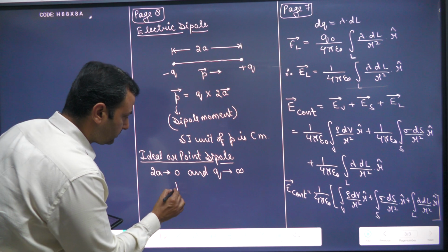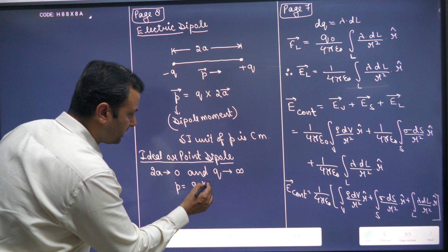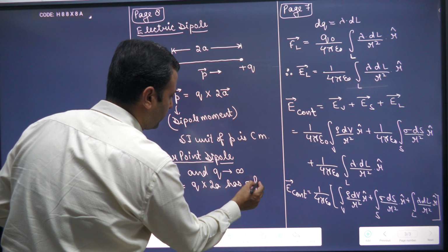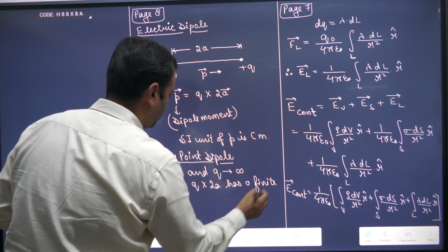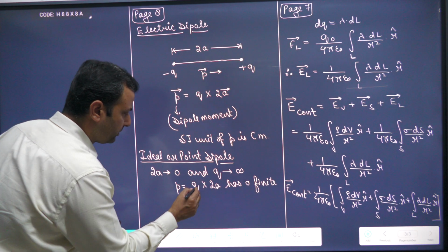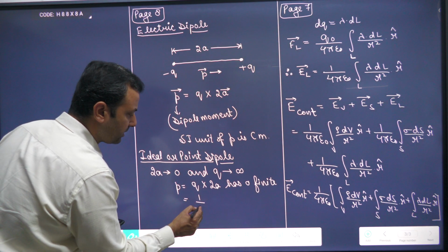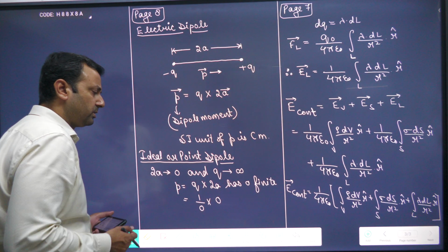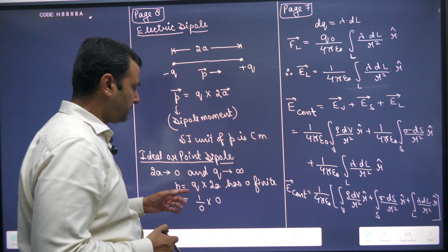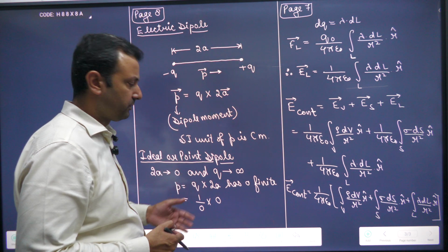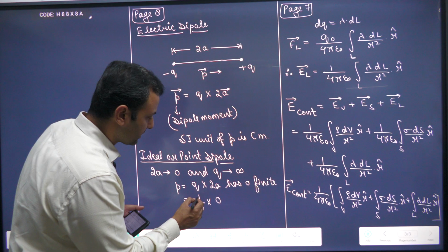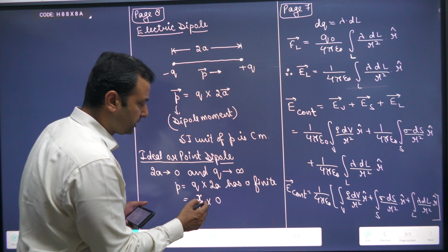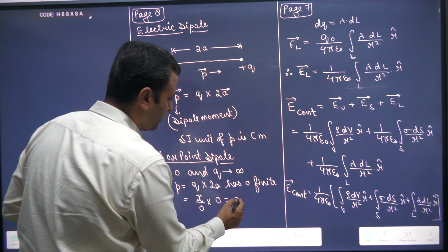So p is equal to q multiplied by 2a has a finite value. Why? Because q tends to infinity, which is like 1 upon 0, and 2a tends to 0. So if the value of charge is, for example, x upon 0 and this 2a is 0, then its value will be equal to x only.